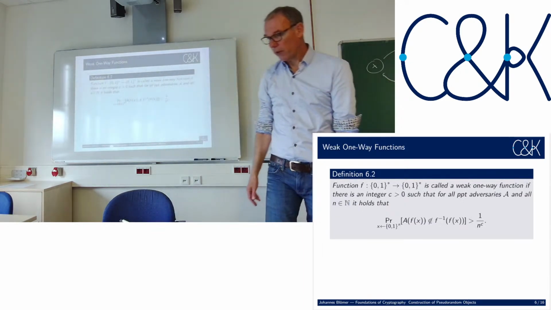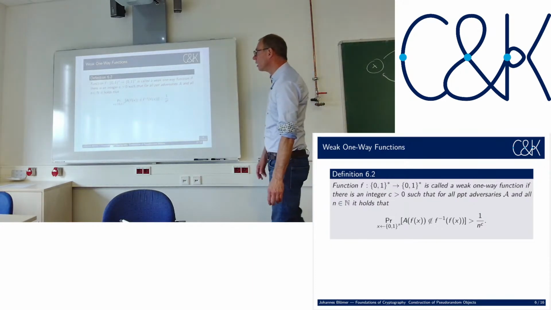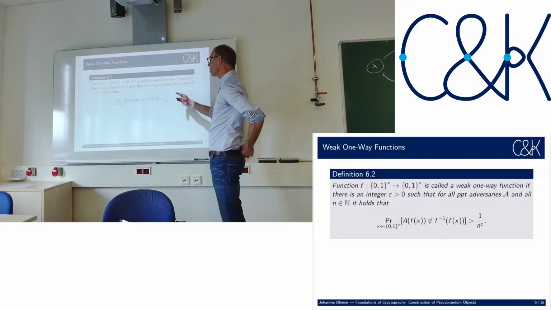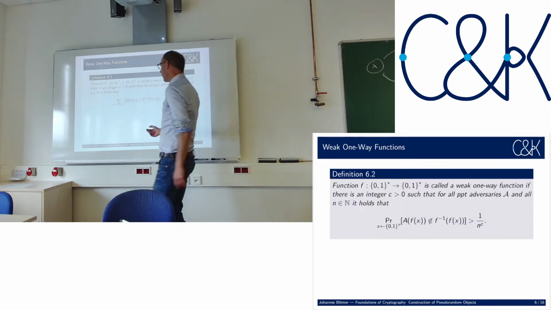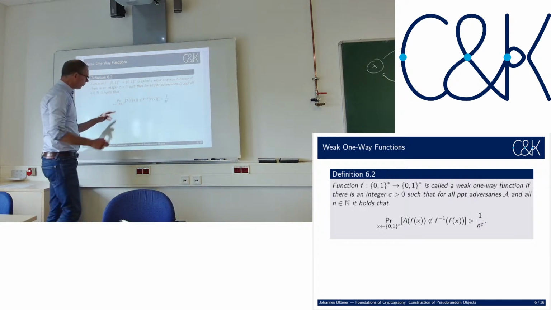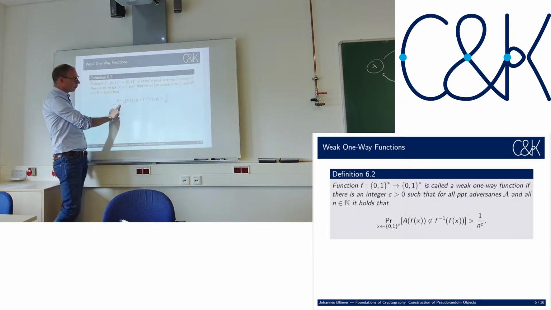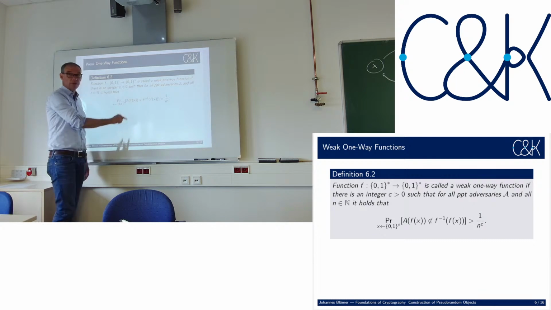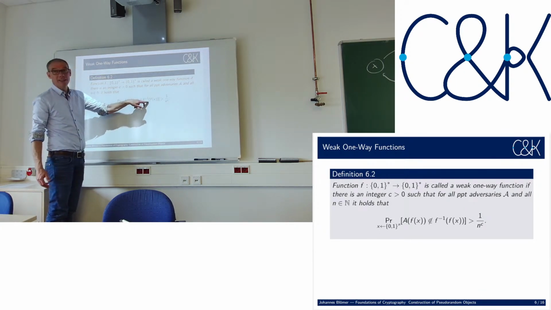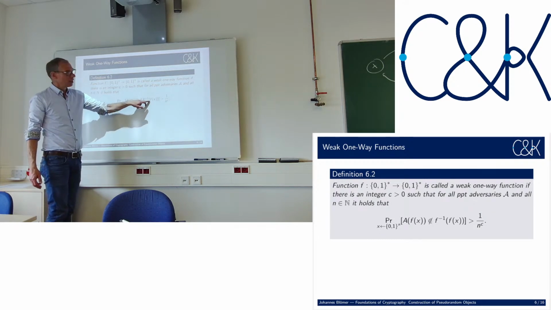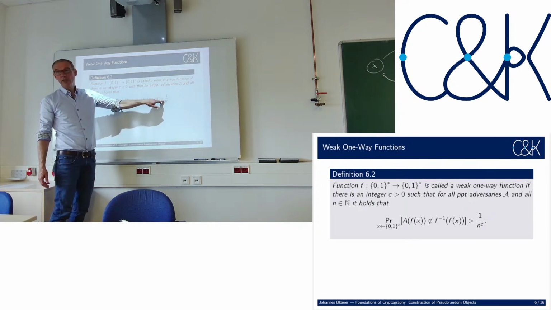And then we call a function a weak one-way function if there is an integer c larger than 0, such that for all probabilistic polynomial time adversaries and all n, it holds that if we again pick x uniformly at random, A gets as input f of x, the probability that its output is not in the pre-image set is at least 1 over n to the c.